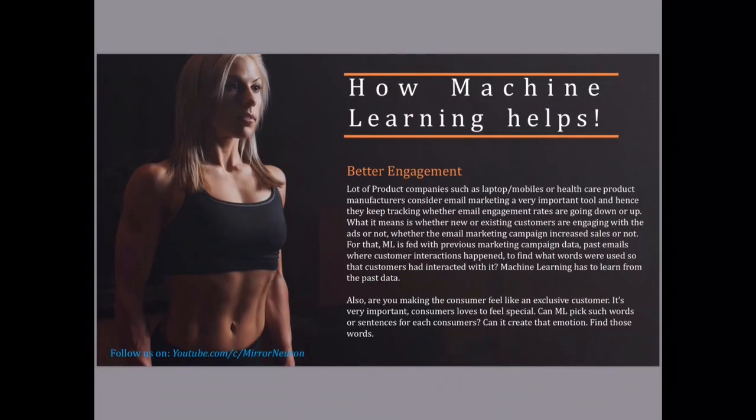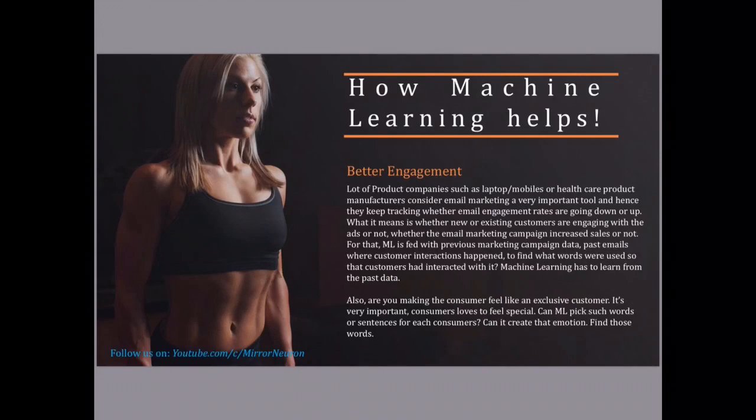Now, how can machine learning help here? The first thing is better engagement. A lot of product companies, such as laptop, mobile, or healthcare product manufacturers, consider email marketing a very important tool, hence they keep tracking whether email engagement rates are going up or down. What it means is whether new or existing consumers are engaging with the ads or not, and whether the email marketing campaign has increased sales or not.